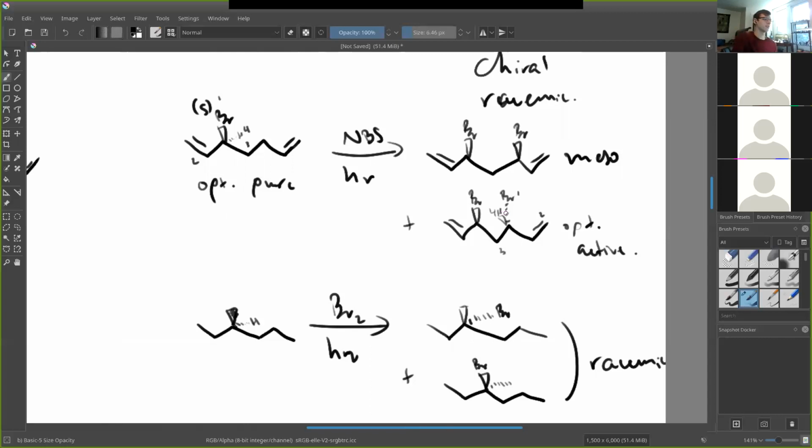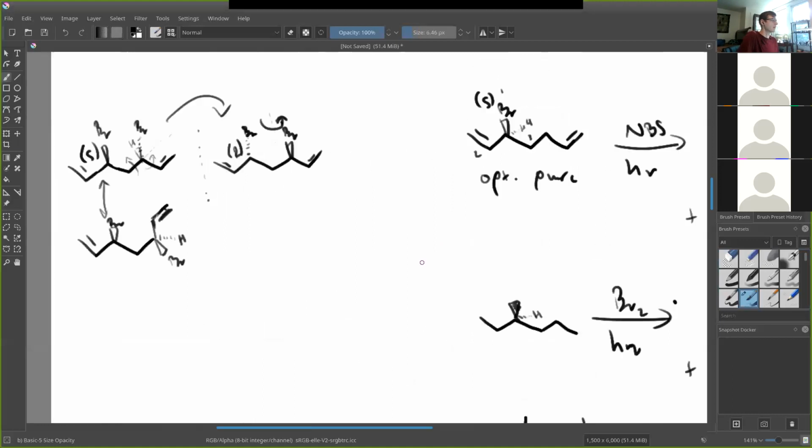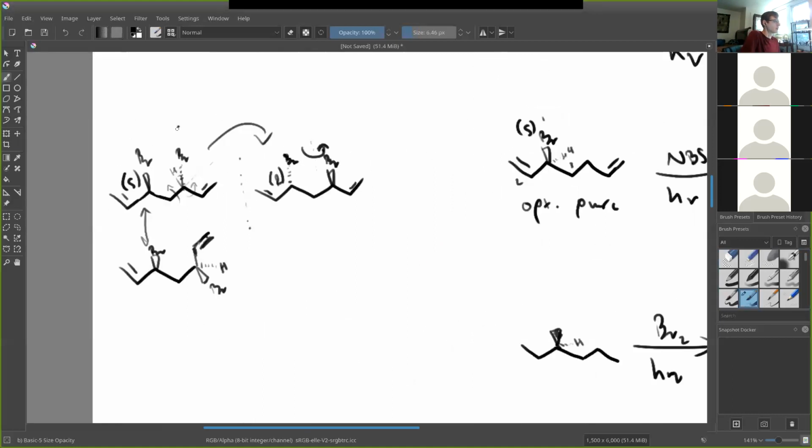The arrow goes this way, but the hydrogen's facing us, facing you guys. So if we were to flip the whole thing around, then the arrow would be going left. So this is S. It's also S. Over here, this is also S, right?